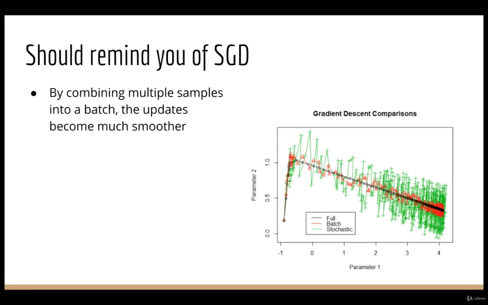This is like, say, instead of doing stochastic gradient descent, where you look at one sample at a time, you can do batch gradient descent, where you look at several samples at a time. As you may recall, this makes the loss per iteration much smoother. This might also remind you of the deep Q network section, because in that case, we also wanted to add different features that helped us stabilize learning.